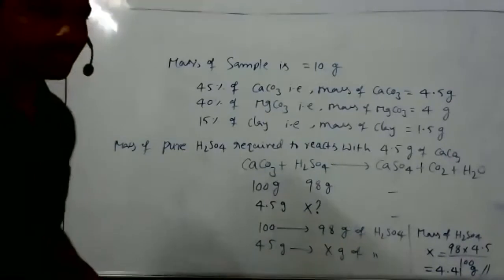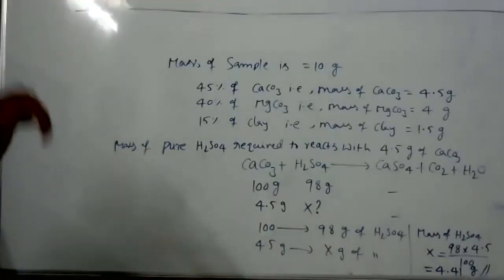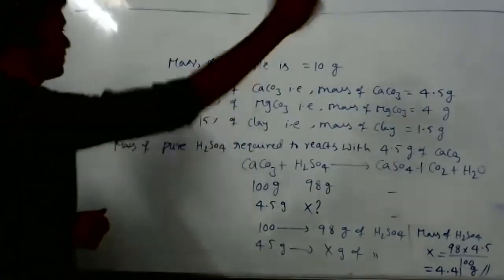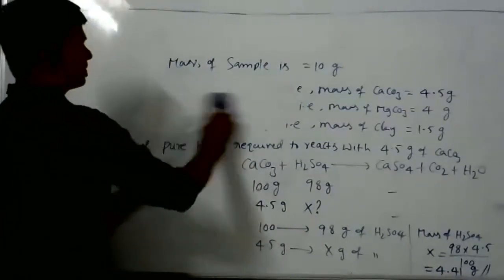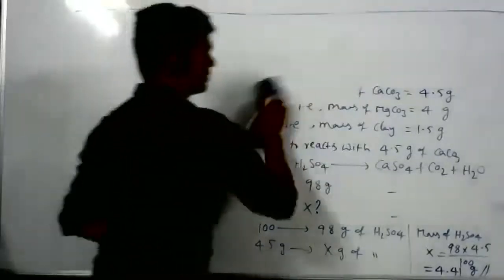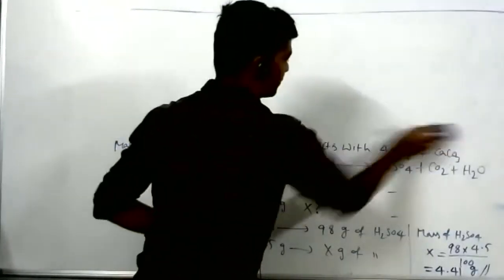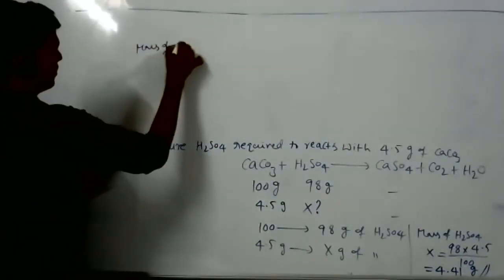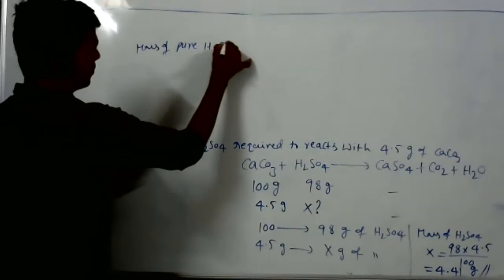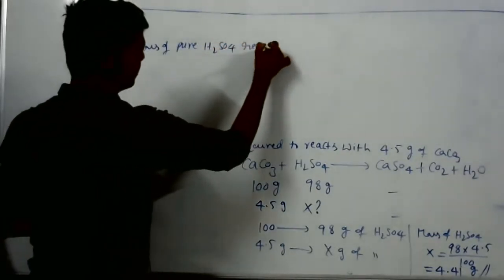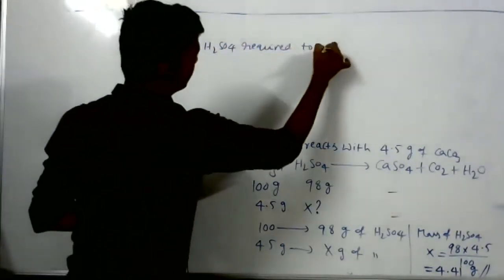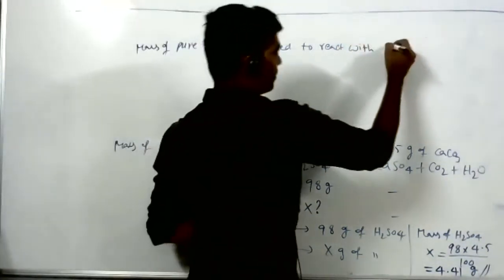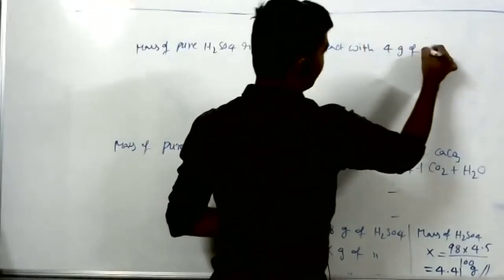Next, calculate how much mass of H2SO4 is required to react with 4 grams of magnesium carbonate.